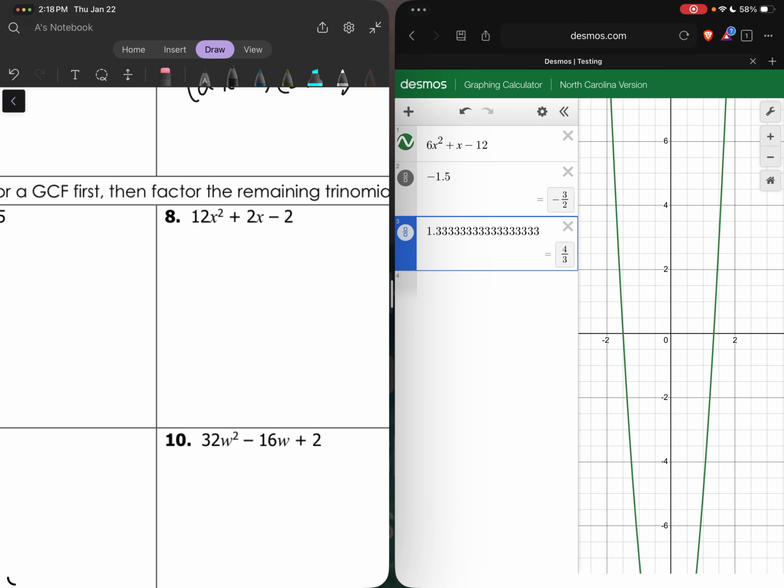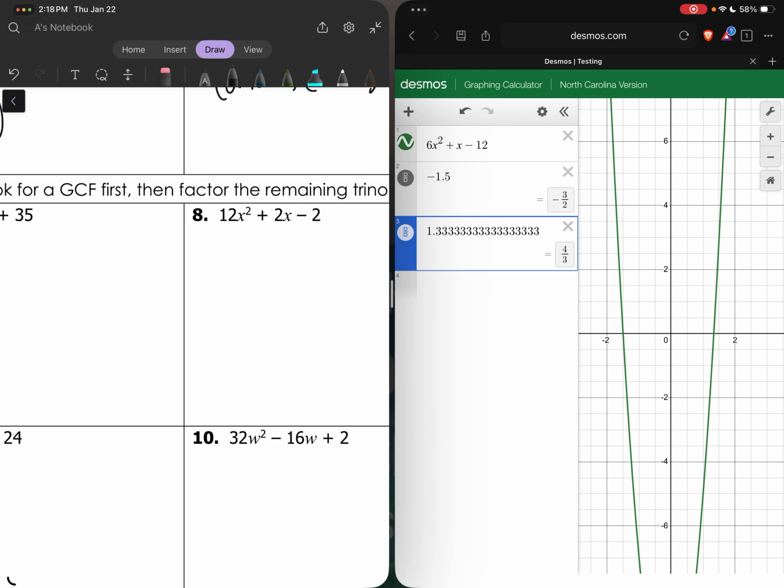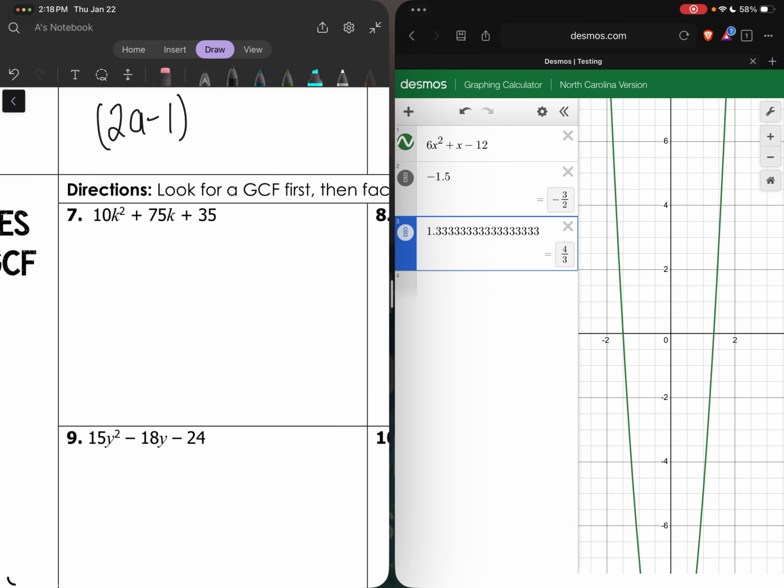Now let's look at an example with a GCF. I will do number 9, I'll let you do 7 through 10.